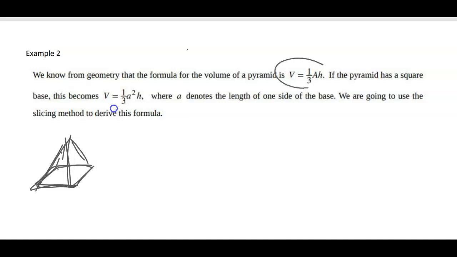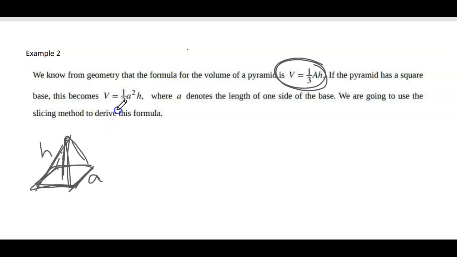And the volume of the pyramid is 1/3 the area of the base times the perpendicular height. If the pyramid has a square base with side length a and height h, then we'd have 1/3 a squared h.